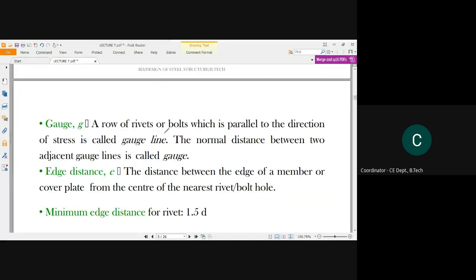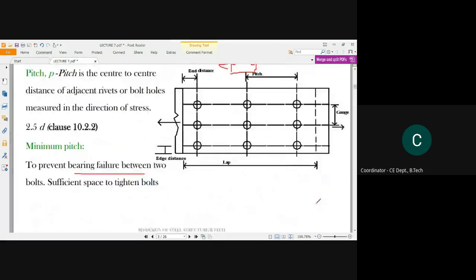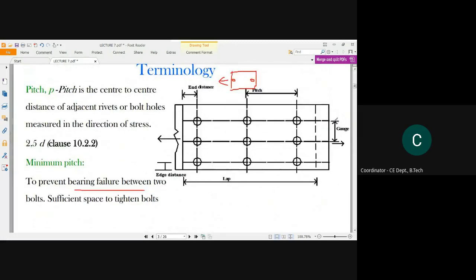A row of rivets or bolts which is parallel to the direction of stress is called a gauge line. The normal distance between two adjacent gauge lines is called gauge. So there is a picture. See, the pitch distance is the center to center distance of fastener holes in the direction of the stress, and the gauge distance is just the opposite.